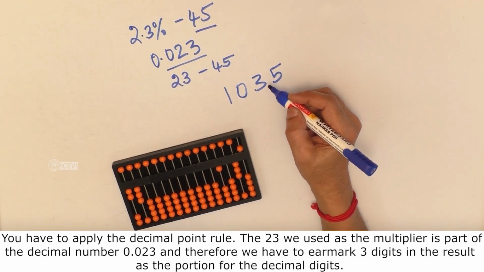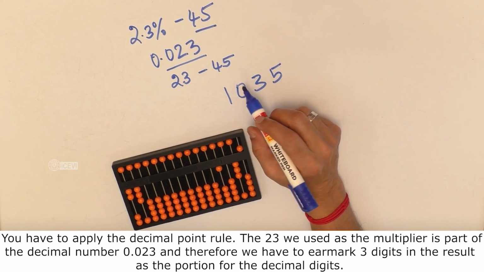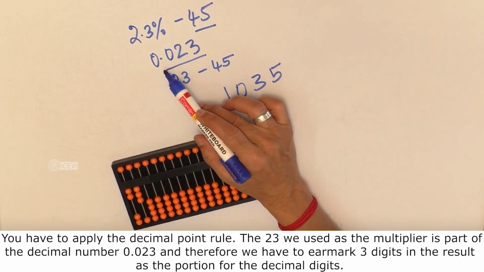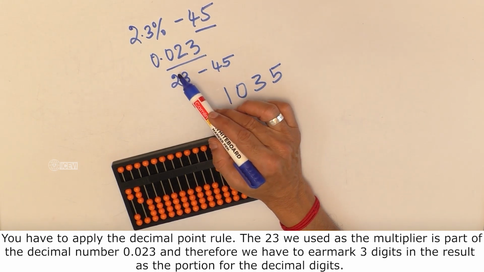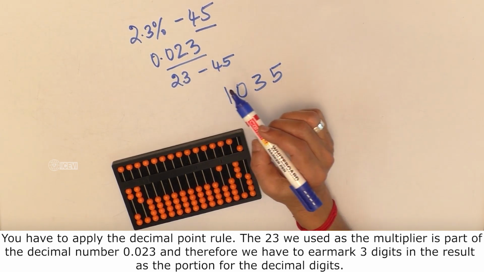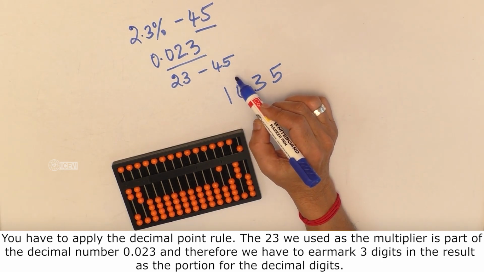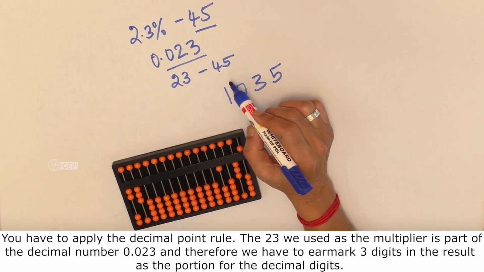The 23 we used as the multiplier is part of 0.023, and therefore we have to earmark 3 digits in the result as the portion for the decimal digits.